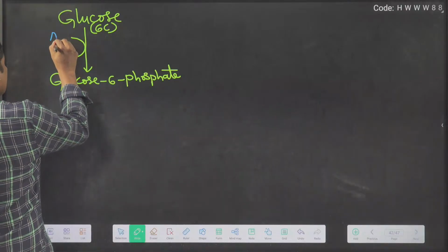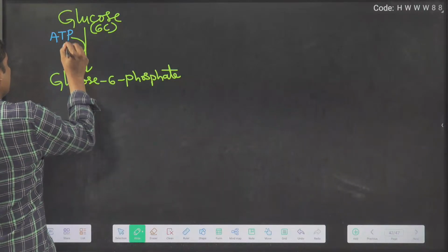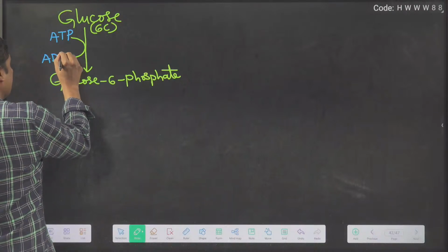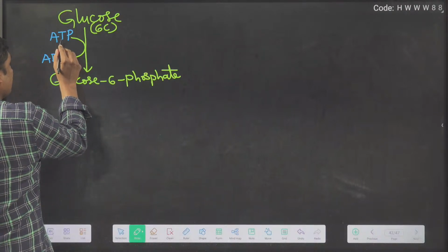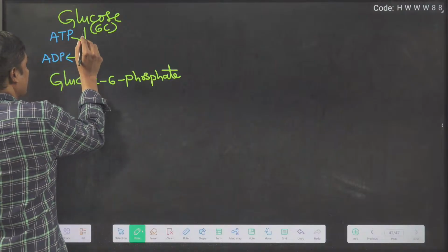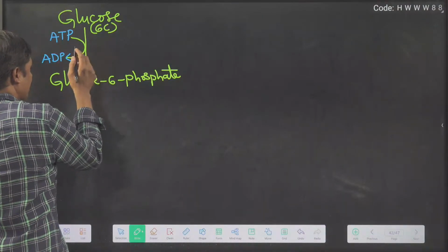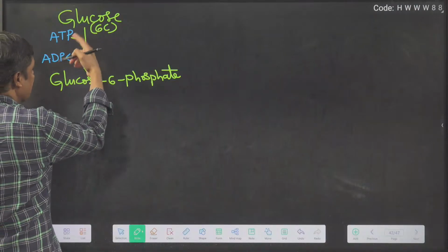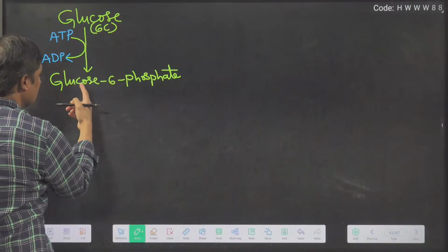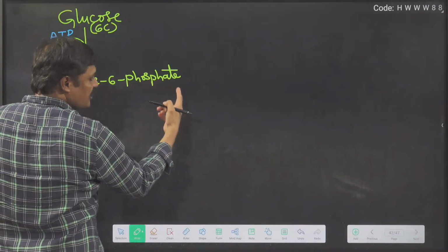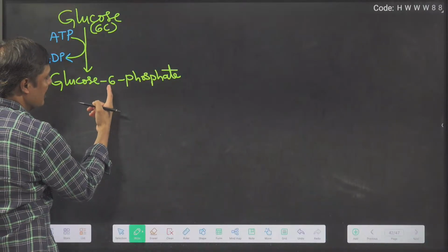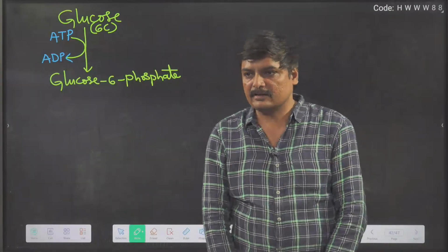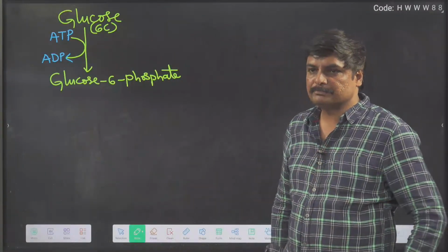That means ATP is used so that it becomes ADP. One phosphate in the ATP is used during this conversion, and that phosphate is added to glucose so that glucose becomes glucose 6-phosphate, because at the 6th carbon that phosphate is added. This is the first step.